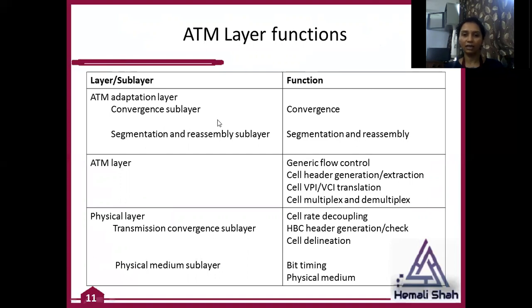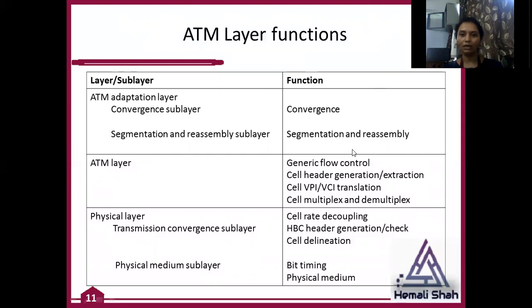The AAL, the ATM adaptation layer, has 2 sublayers, the convergence sublayer and the segmentation and reassembly sublayer. The convergence sublayer performs the functionality of convergence, and the segmentation and reassembly sublayer does the segmentation and reassembling tasks. That means you divide your full data into segments, and whenever you receive that data, it collects all the data again and makes the original data. That is called the reassembling of data.